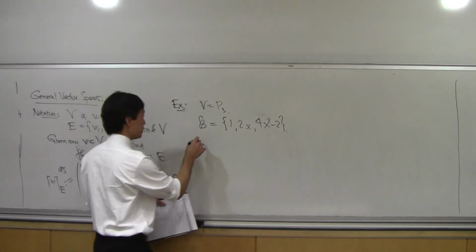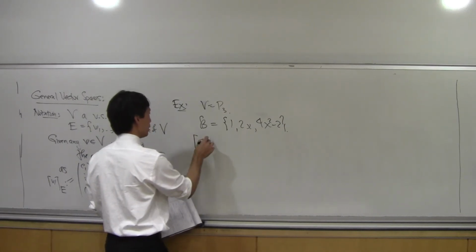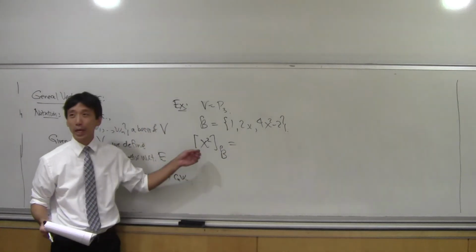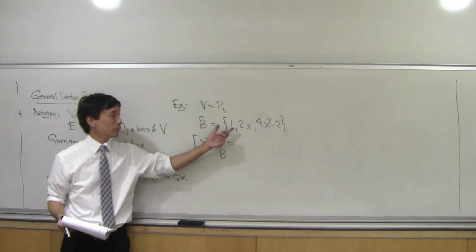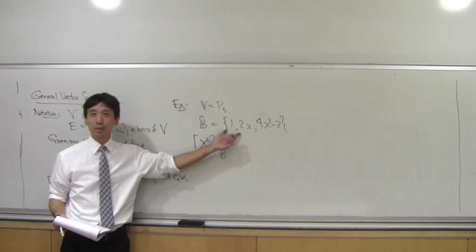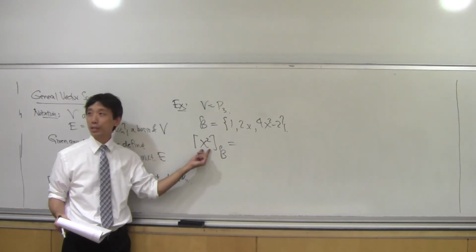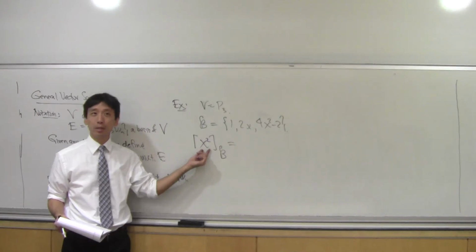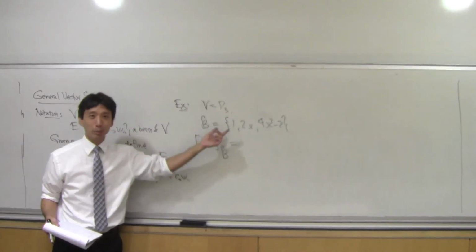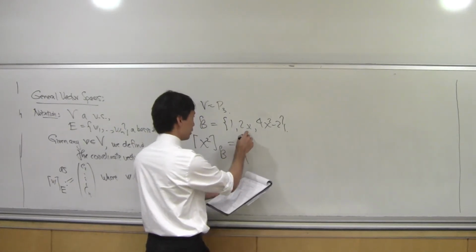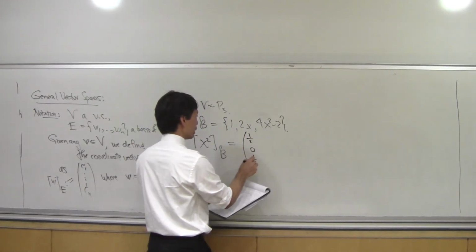And if I ask, what is the coordinate vector of x squared with respect to the B basis? How do you express this? You do a little bit of work. I'm sure you can figure it out. It turns out that it's 1/2, 0, 1/4.